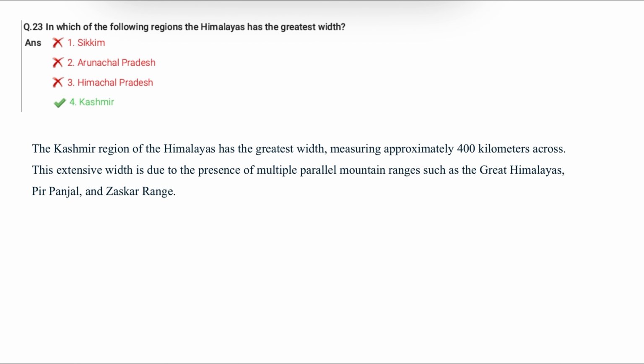Question number 23. In which of the following regions the Himalayas has greatest width? The Kashmir region of Himalayas has greatest width, measuring approximately 400 kilometers across. This extensive width is due to the presence of multiple parallel mountain ranges such as Great Himalayas, Pir Panjal and Zaskar Range.